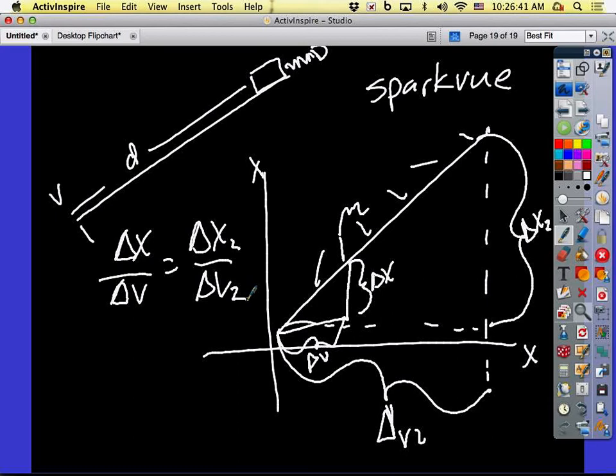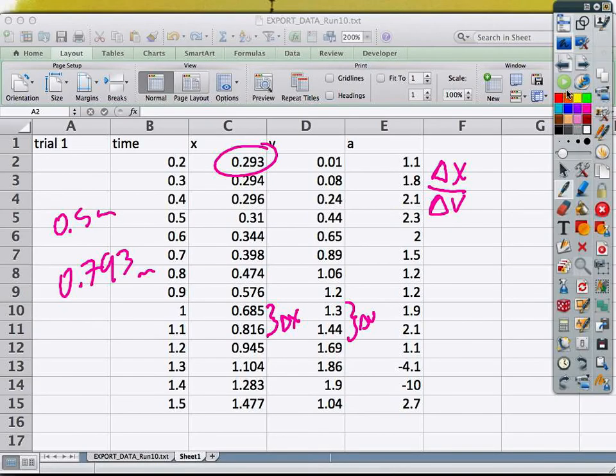Okay, that means I can pick any interval I want. So here's what we're gonna do. I'm gonna say that delta X and delta V is gonna equal, and then I'm gonna go with my starting point, which is 0.685. I'll take my point that I want, 0.793 minus 0.